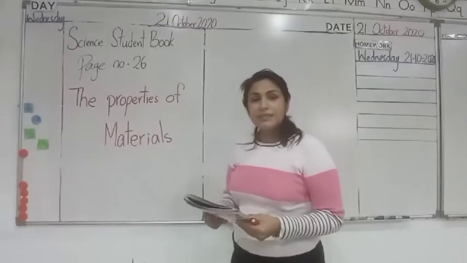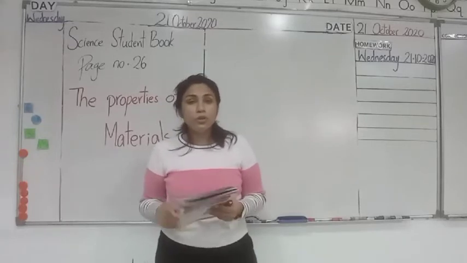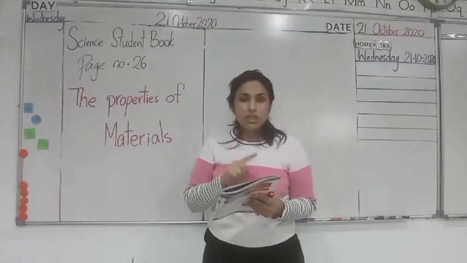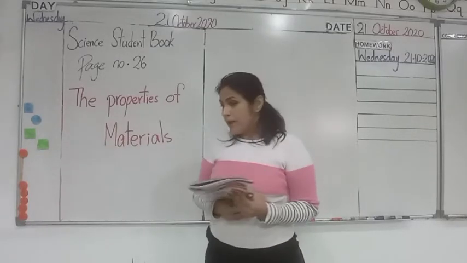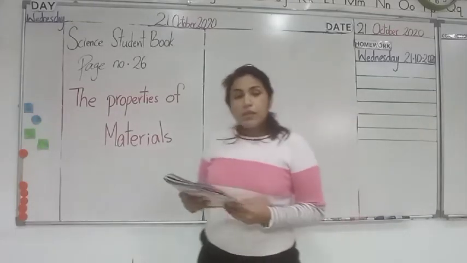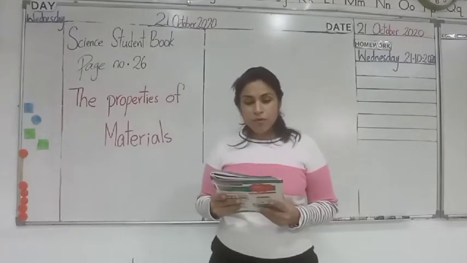Okay, now let's start. Let's read things to learn. I want you to use your pointer finger to point on each word and see where I am reading. We are reading in the red box. Things to learn. The first point, some properties of materials.